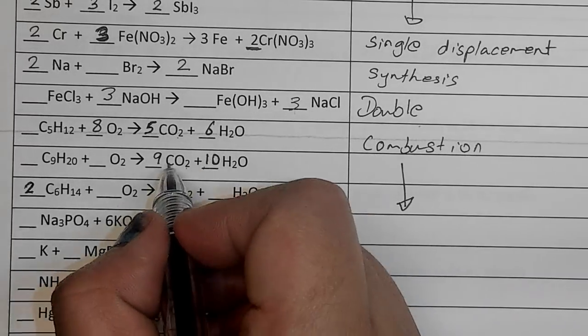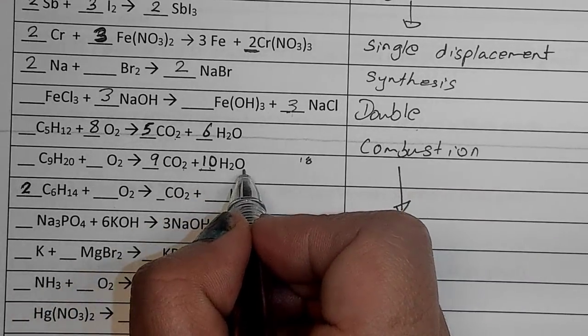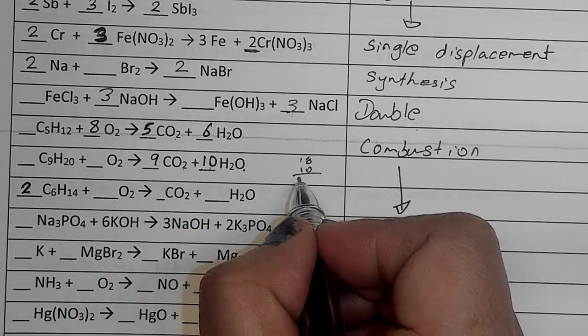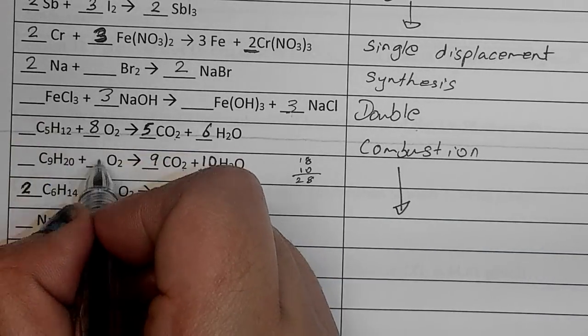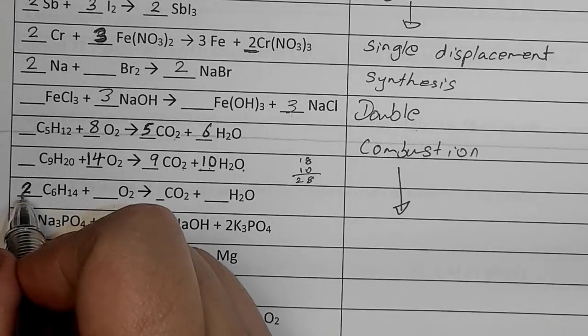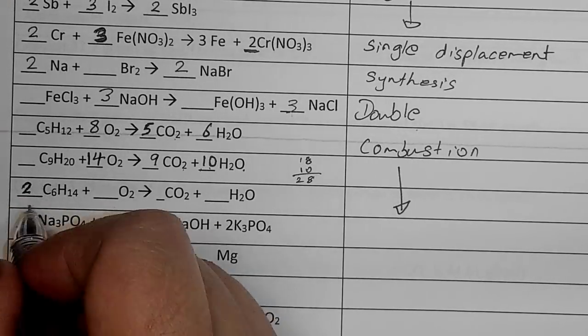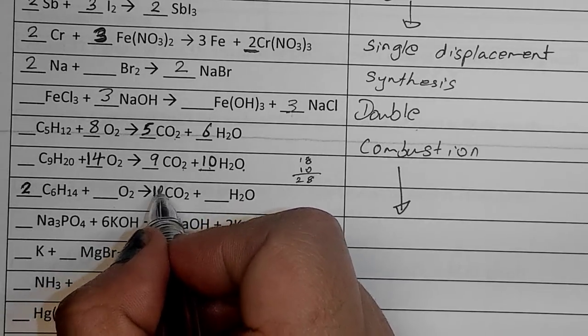You see that? 9 times 2 is 18. 10 times 1 is 10, so that's 28. Divided by 2, 14. That's going to go here. This one we already doubled up, so we're going to use that number. 2 times 6, 12.